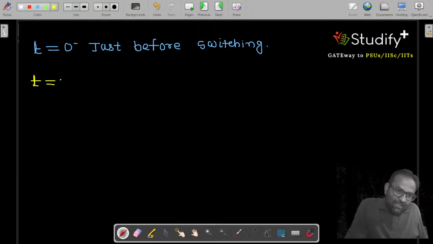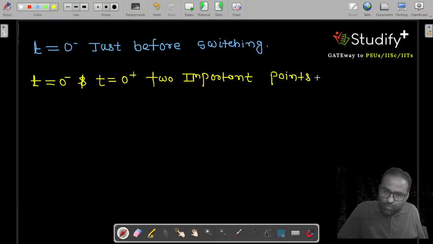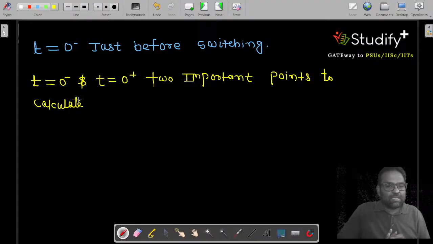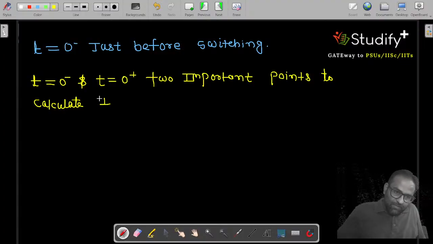So let's define these points. t equal to 0 minus and t equal to 0 plus are two important points to calculate the initial condition of the differential equation.